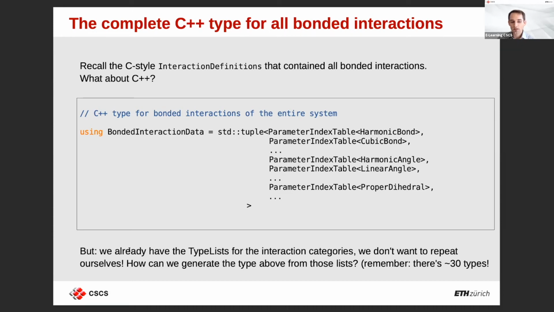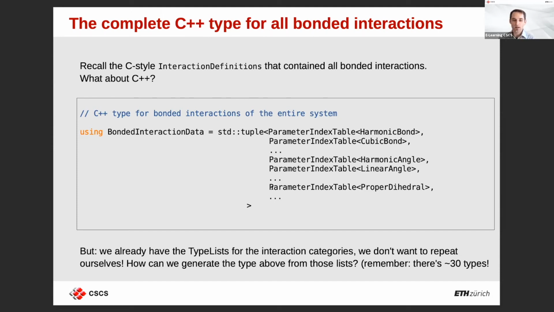But then we've already listed in those type lists for the categories what types we support in our code. And one thing that we don't want to do in C++ is repeat ourselves. Remember, there's 30 of them. I don't want to have to keep track of this tuple type.